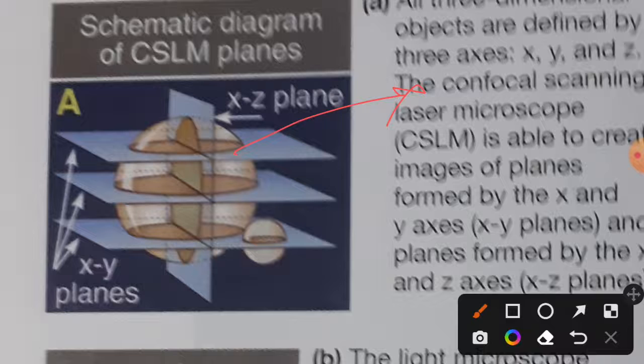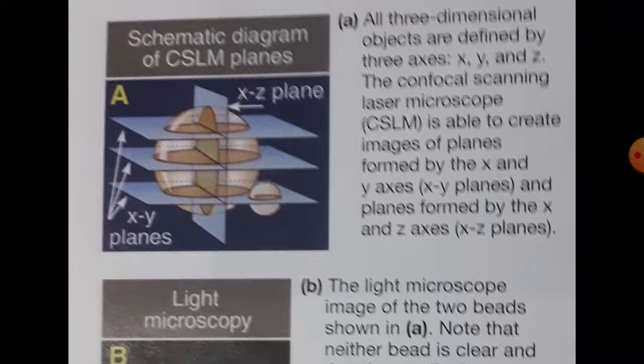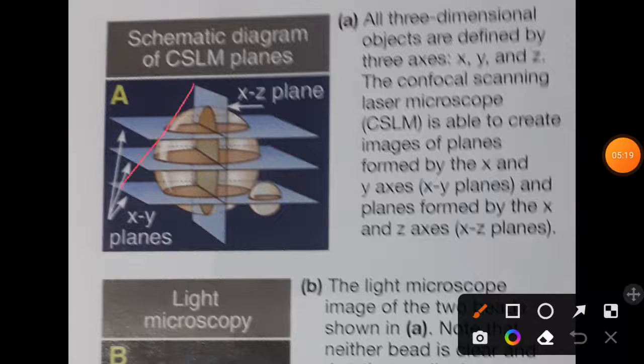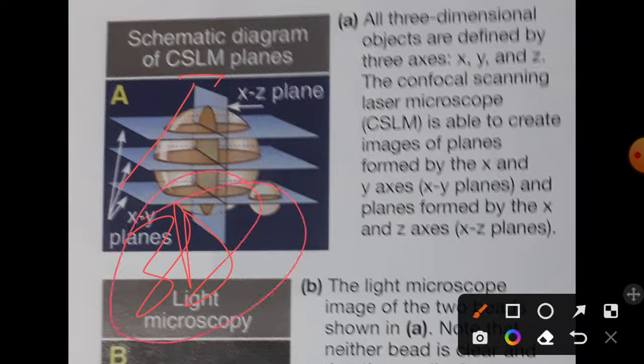Now let's discuss how the image is constructed. I hope you have understood very clearly what problem the confocal scanning laser microscope is going to solve. Again I am repeating, the problem is that we cannot get a 3D image, and other traditional microscopy creates a blurred image of the 3D specimen, right?